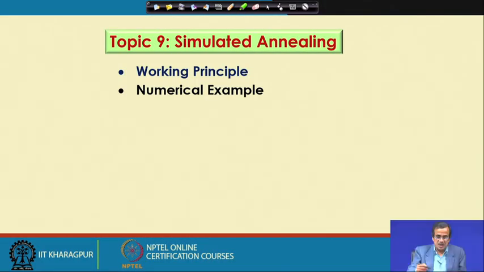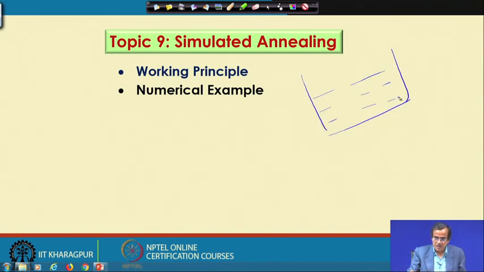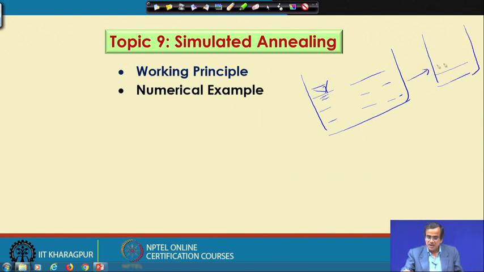Now, if I consider the energy state of the molten metal, here this is at the highest energy state. This molten metal has to be converted to the solidified one. So, this is the solid, and here we use some cooling process.